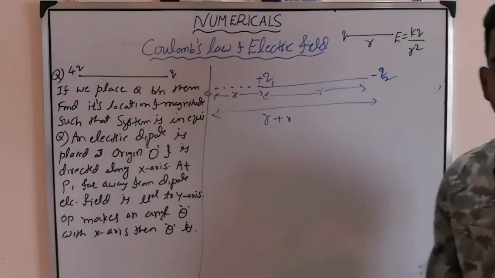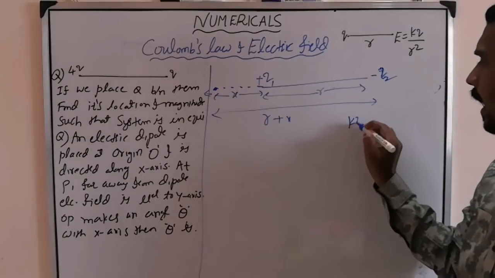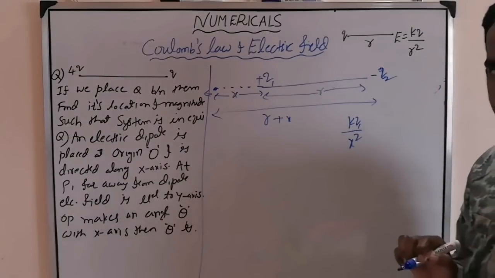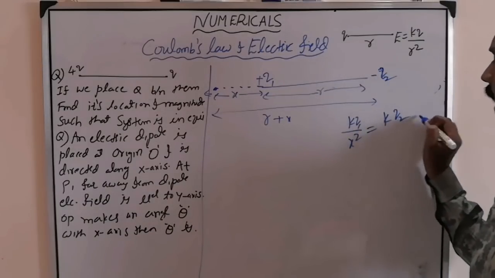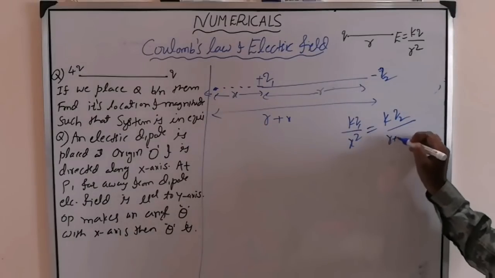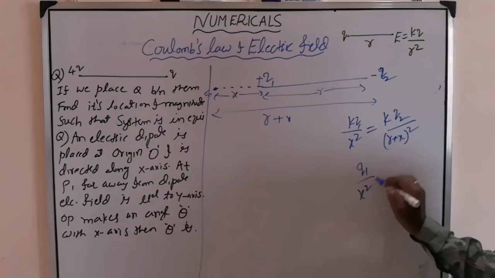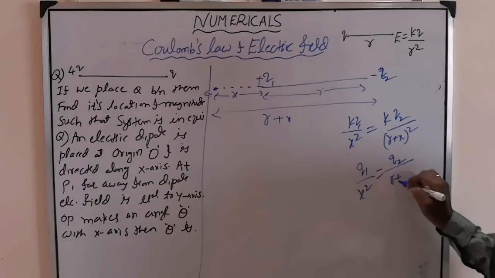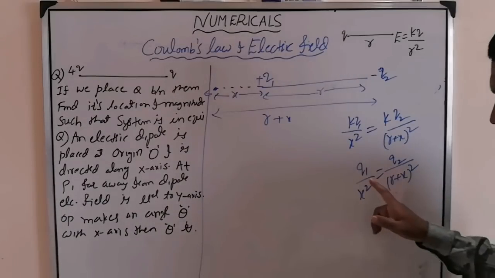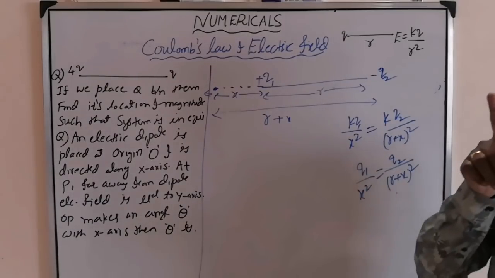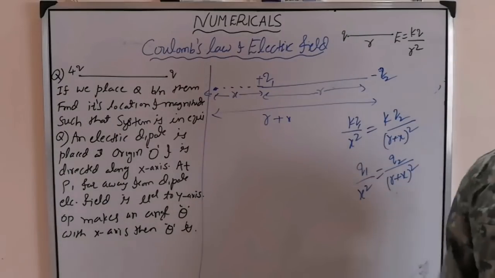R plus x. Then this is the null point, meaning this field magnitude kq1 by x square should be equal to this field magnitude kq2 by what is the distance? R plus x whole square. Then what is the formula? Q1 by x square equals Q2 by (R plus x) whole square, where Q1 is smaller and x is the distance of the null point from Q1.